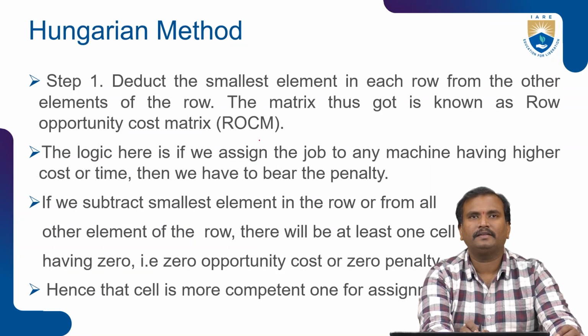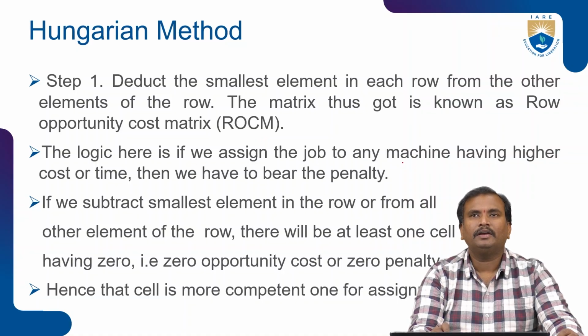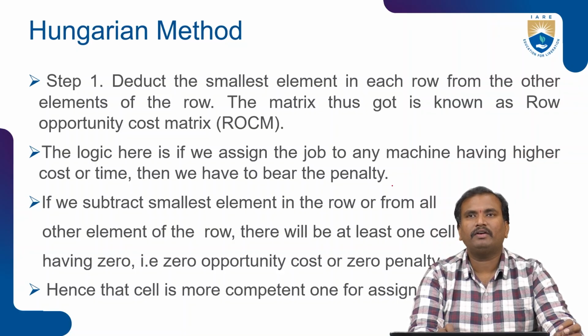cost matrix. And the logic here is, if we assign the job to any machine having higher cost or time, then we have to bear the penalty. So the logic we are going to use is, whenever we assign the job to a machine which has higher cost or time, we need to bear the penalty.